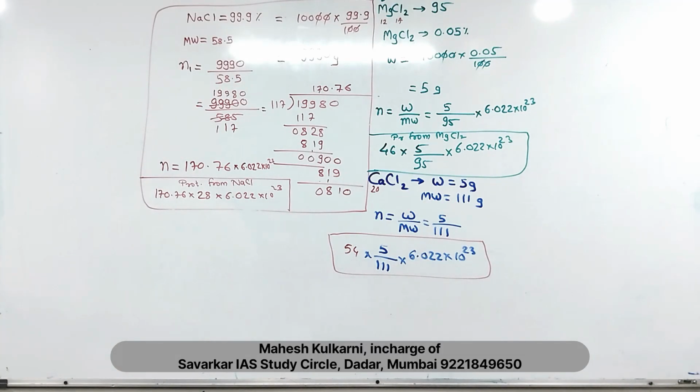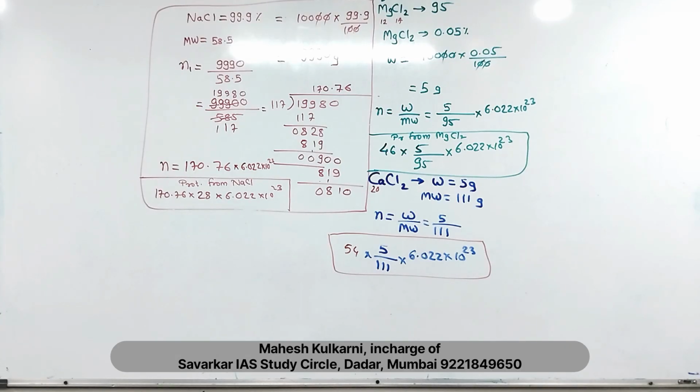So by looking at these boxes, you can check out number of protons present in sodium chloride, that is solved in red color, then in blue green color, whatever that, there we will get number of protons from magnesium chloride, and in blue color with only red multiplier you will get number of protons from calcium chloride.